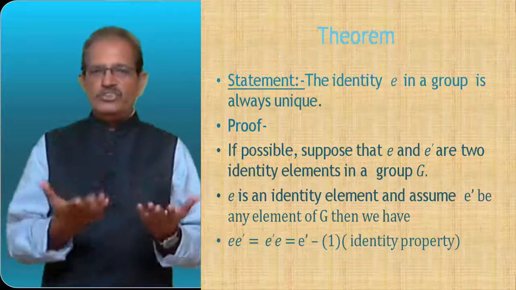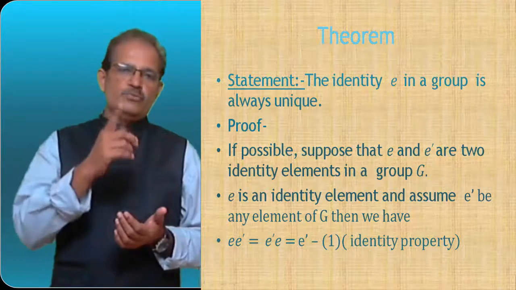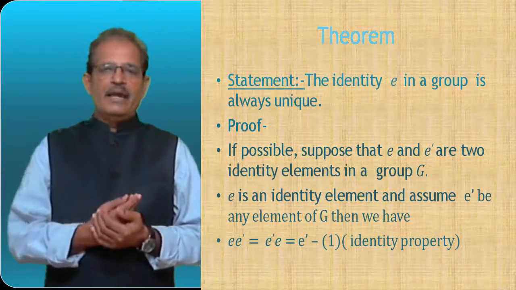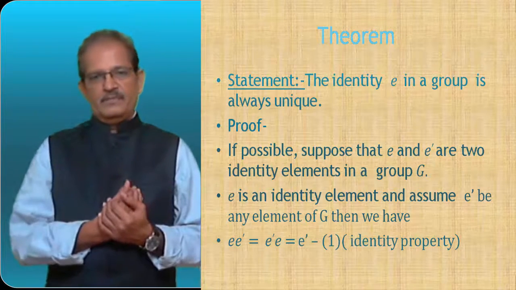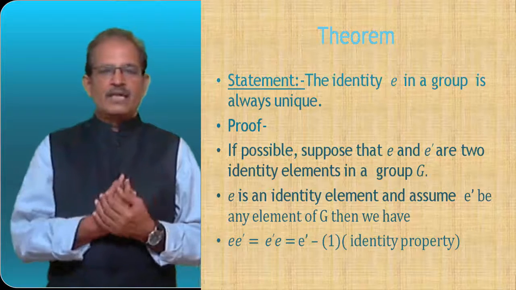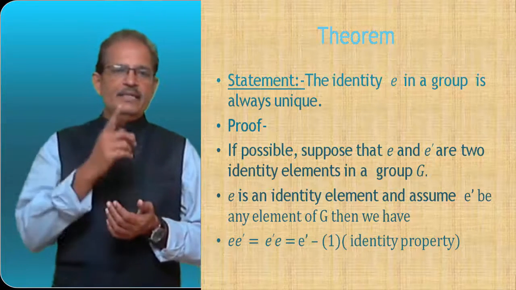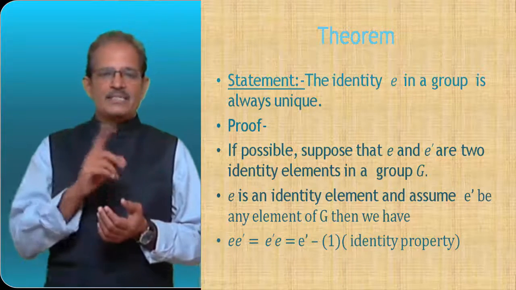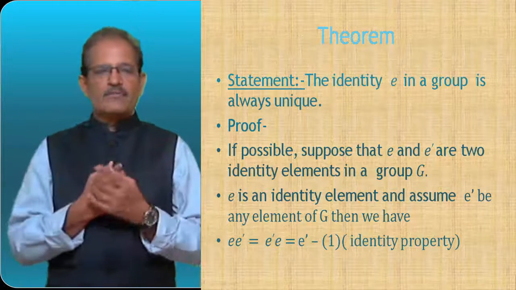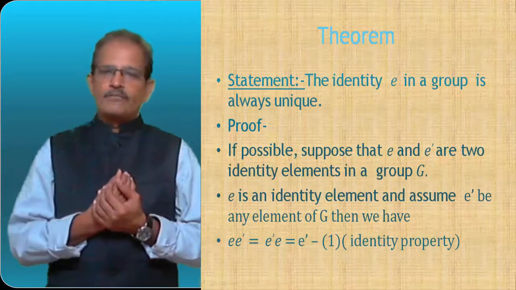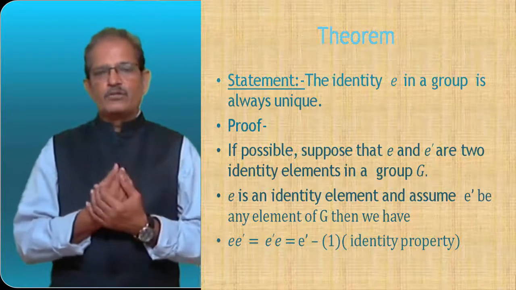They belong to G. First you assume that E is the identity element and E dash is any element of G. Then from the identity property, E dash is equal to E dash E is equal to E dash. Because E dash is any element, this is from identity property of groups. Give a number to this, 1.